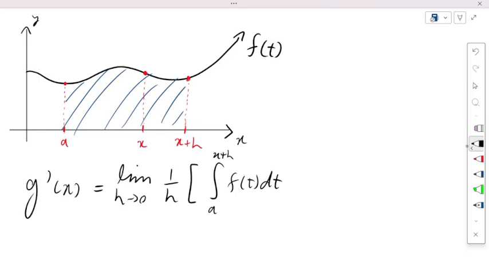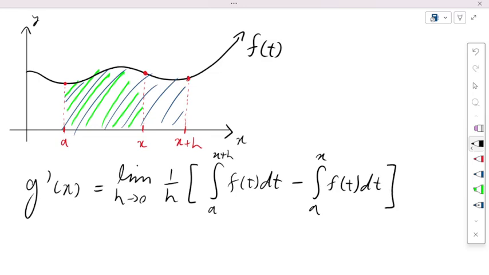And in this case here, we're subtracting g of x, according to our definition, which is going to be this area here. So let me write it in green. It's going to be g of x, which is basically this whole area from a to x. So we're going to write it as the integral from a until x of f of t with respect to t. And there we go.